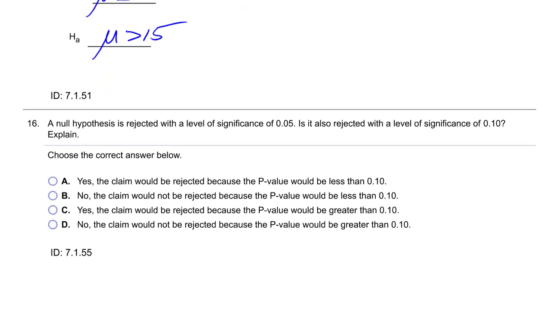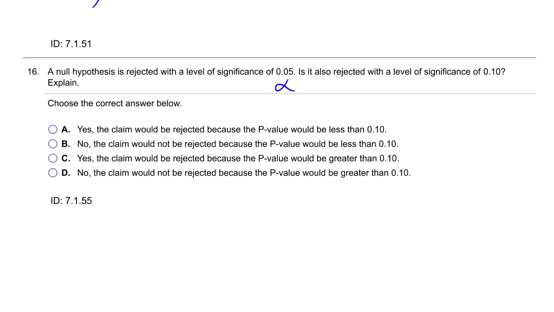A null hypothesis is rejected with a level of significance of 0.05. Is it also rejected with a level of significance of 0.10? This is the alpha, and we're going to look at it a lot more. I would reject the null hypothesis if P is less than or equal to alpha.